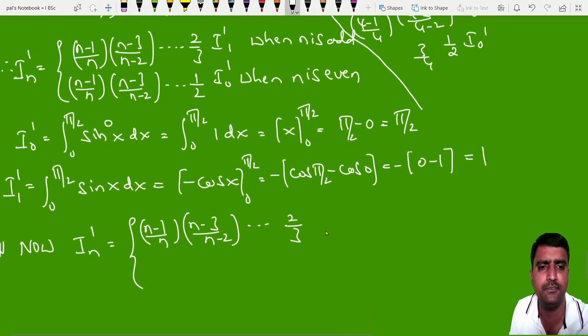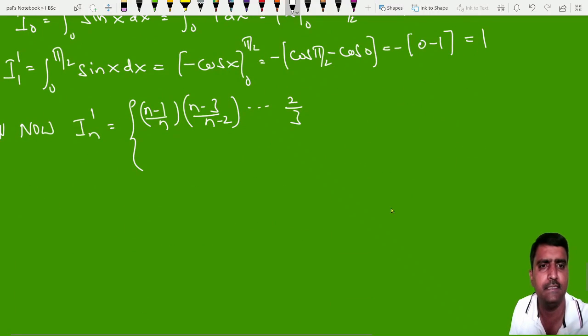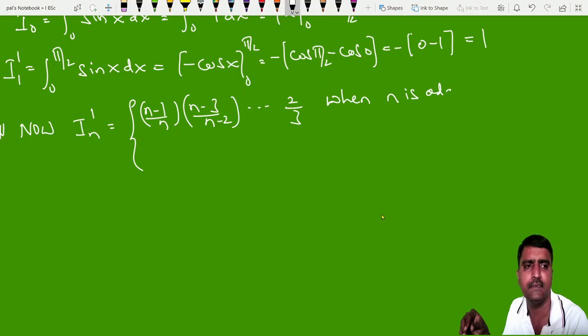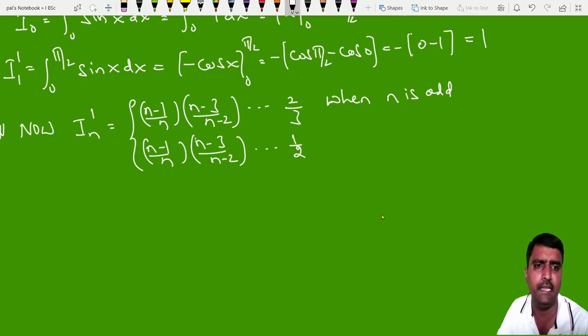I1 dash is equal to 1. This is when n is odd number. So n minus 1 by n into n minus 3 by n minus 2 and so on, 1 by 2 into I naught value, which is pi by 2.